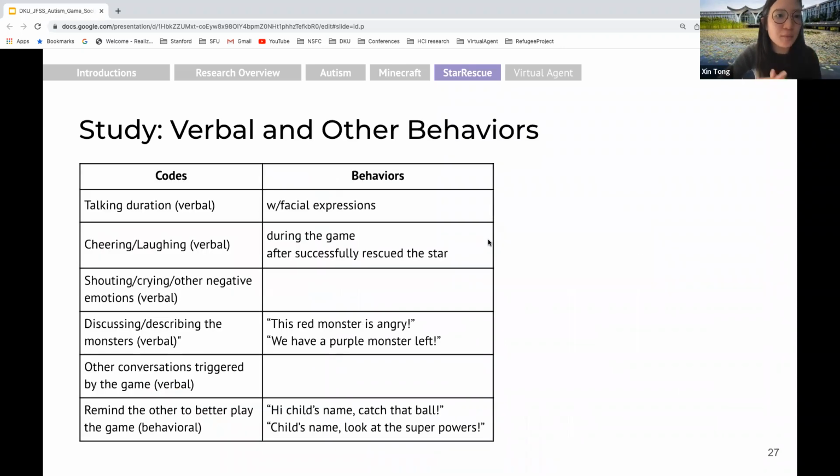We further analyzed their verbal and other behaviors, including facial ones, and tried to analyze if they match with each other. For instance, if they are cheering, laughing, shouting, crying, etc. We analyzed that as well, to get a more quantified way to measure the outcomes.